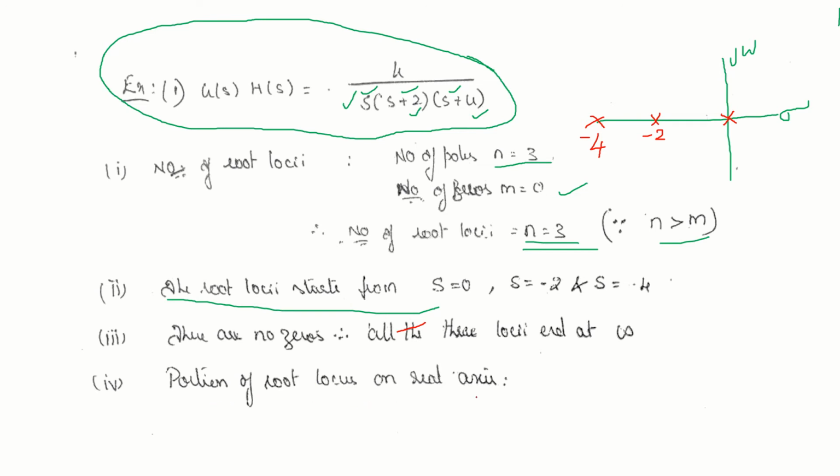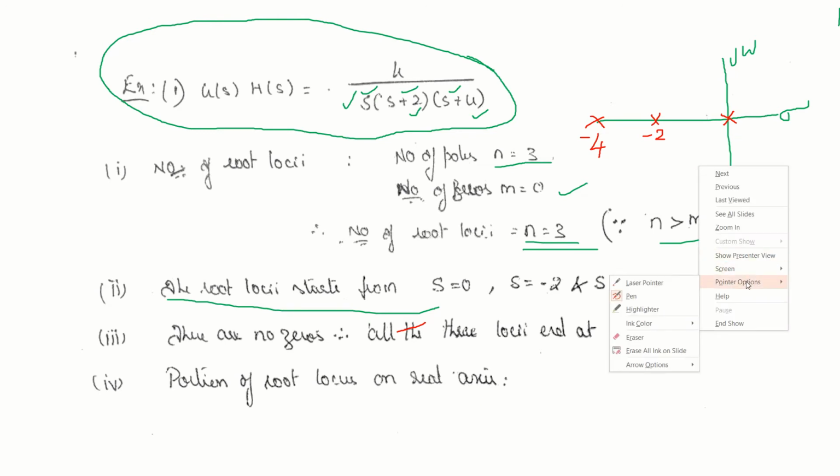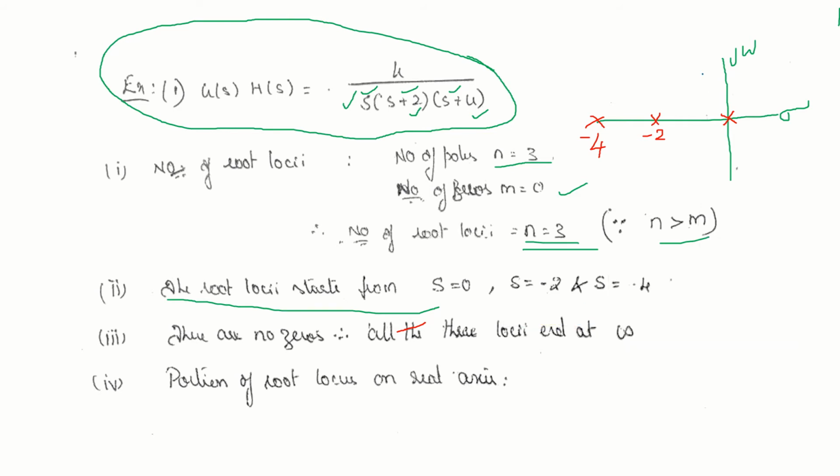Portion of the root locus on real axis. Now let me show you. This is very important. Now you just keep a plane here. To the right side of this, only one pole is there. One is odd.